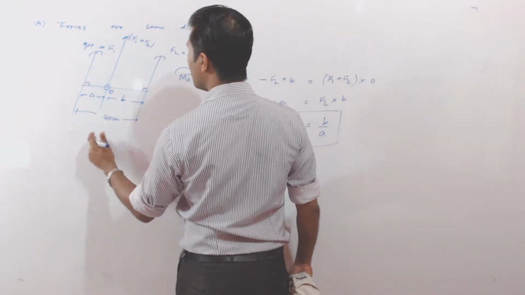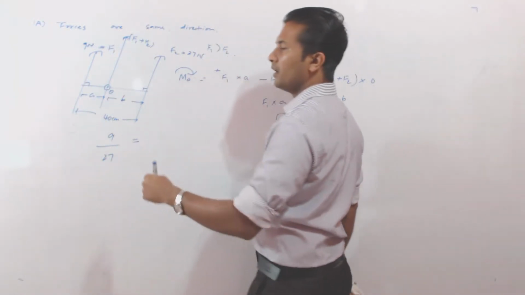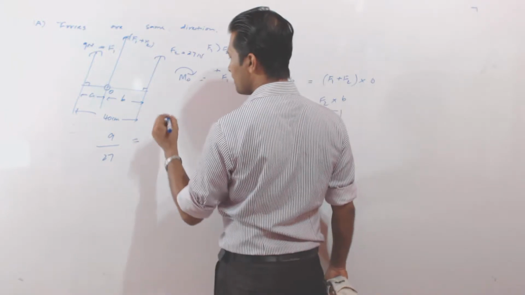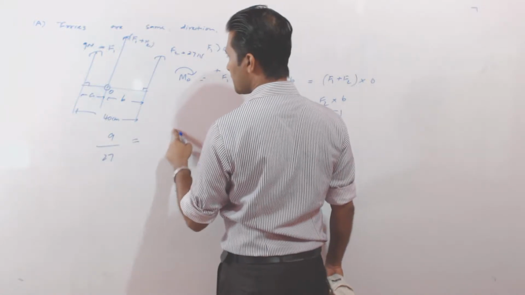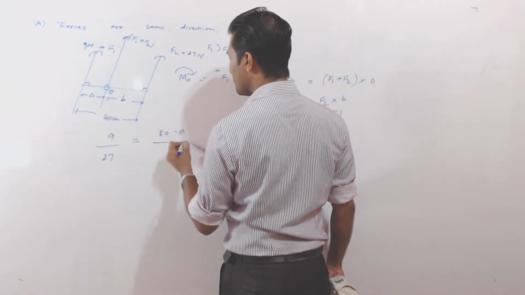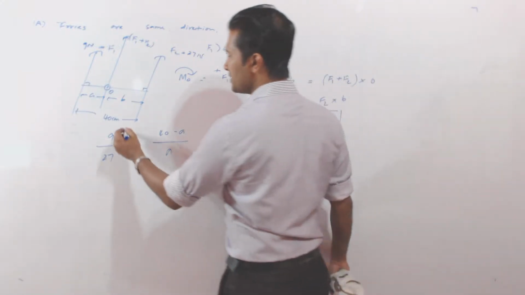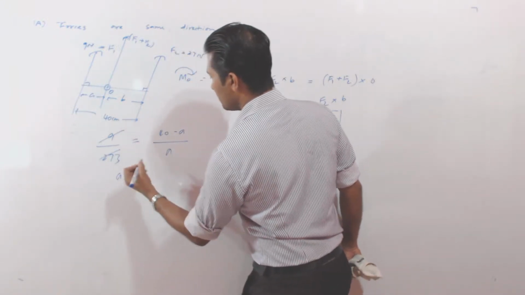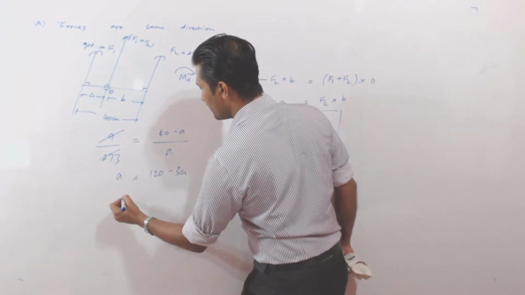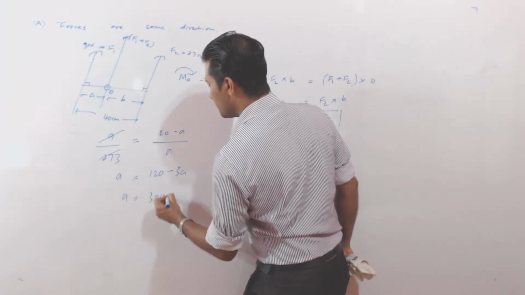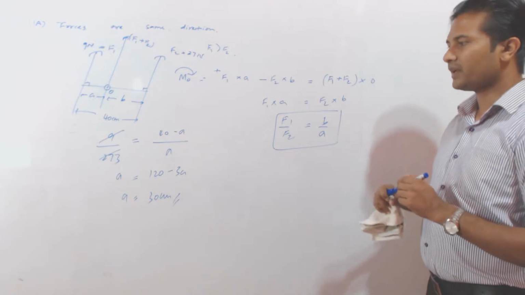Instead of F1, 9, instead of F2, 27, it should be divided by B divided by A. If you are looking for A, instead of B, 40 minus A can be substituted, divided by A, which is B divided by A. So what happens? This is 1, this is 3. Take the cross multiplication, 120 minus 3A, 4A equals 120, A equals 30 centimeters. That's all, which means B equals 10 centimeters.